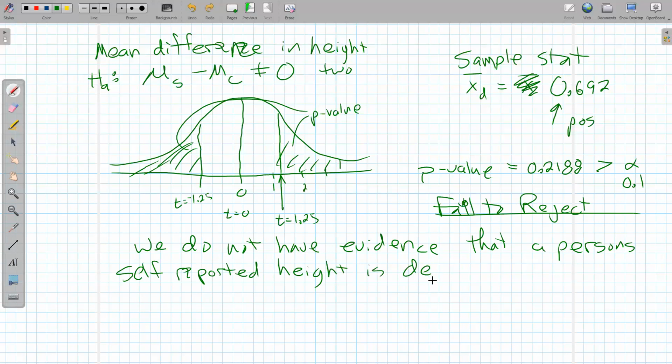And I got to say different here because that was my alternative. My alternative was not, it's more. I was asked to look at different than their clinically recorded height.